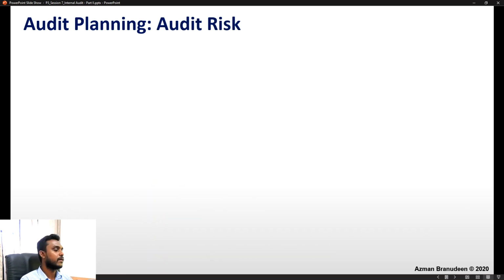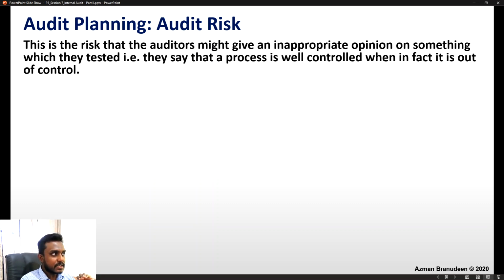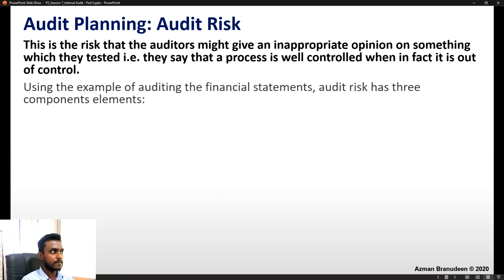Now let's particularly focus on audit risk. This is the risk that the auditors might give an inappropriate opinion on something which they tested. That is, they say that a process is well controlled when in fact it is out of control. Obviously, you're going to have a risk in that sense. So let's take an example.